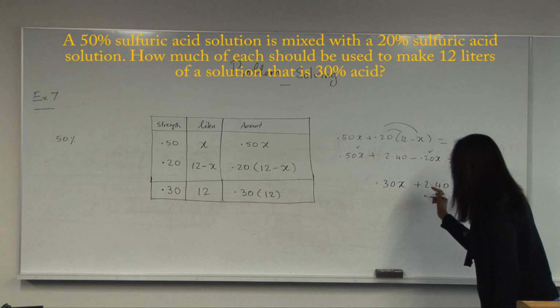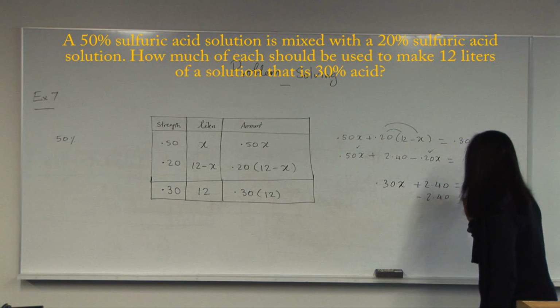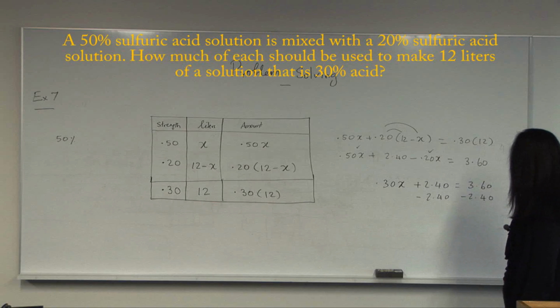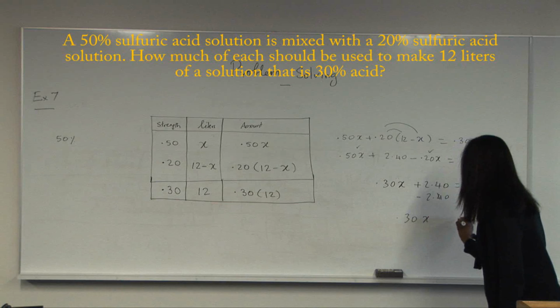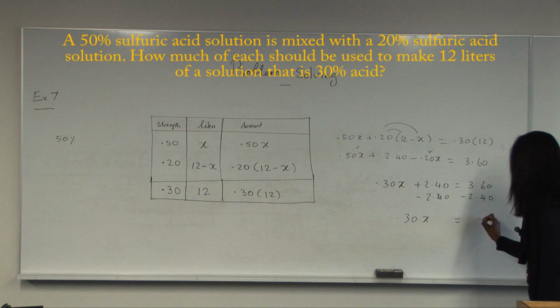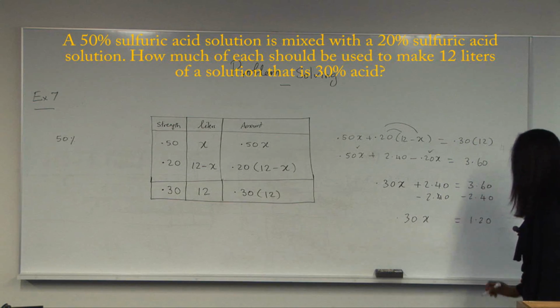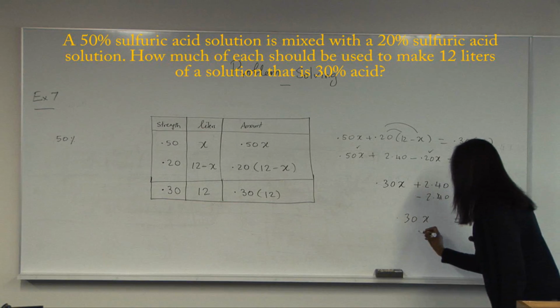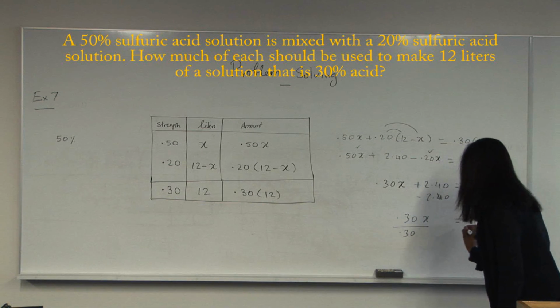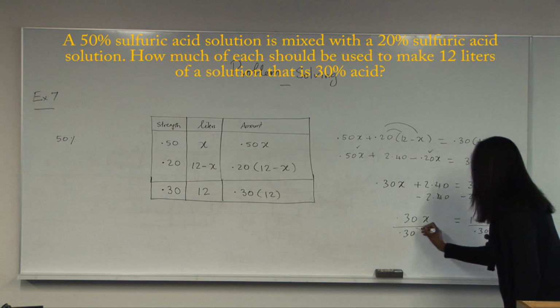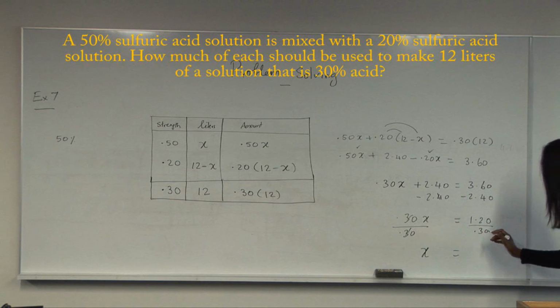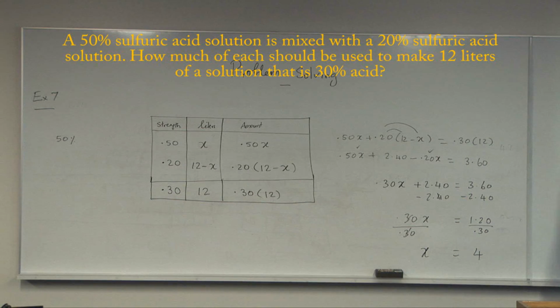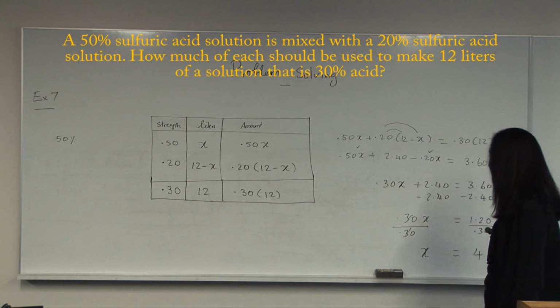So now we have to subtract this 2.40 from both sides. So now you have 0.30x is equal to 1.20. Now divide both sides by 0.3. So when you divide these two, you get 4. Right? So x is equal to 4.